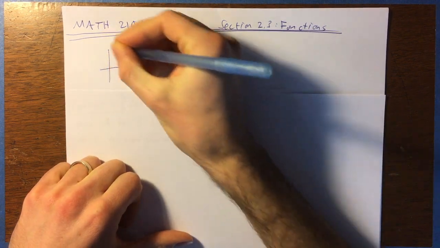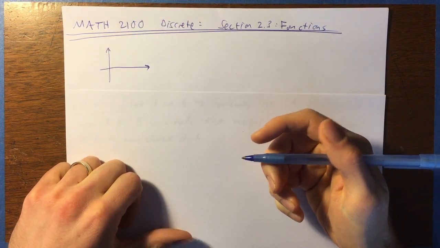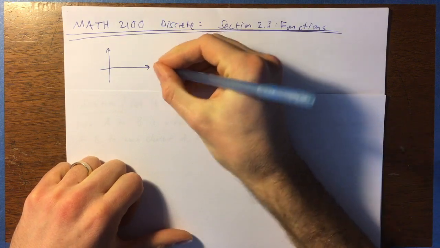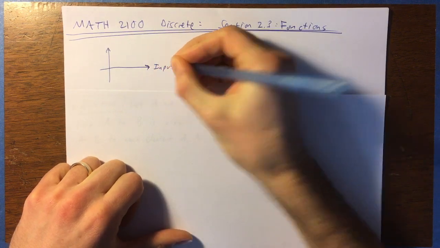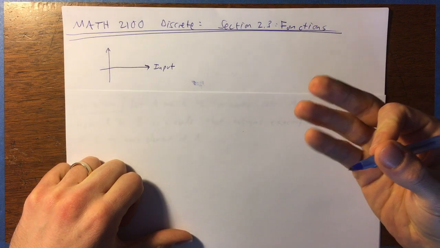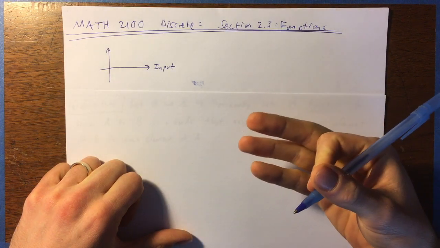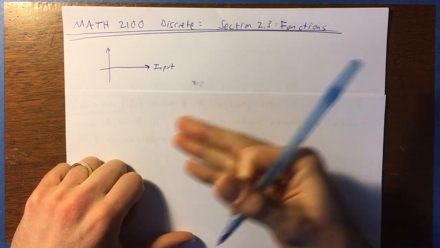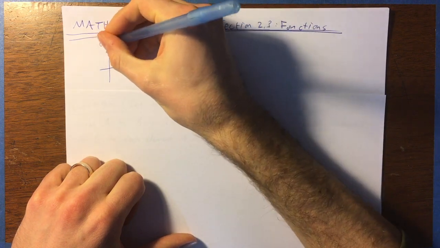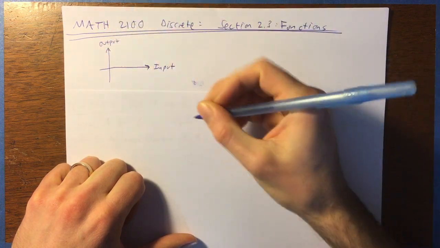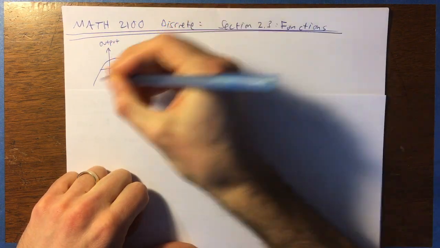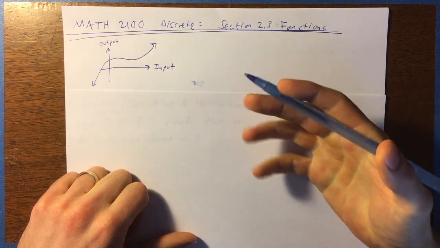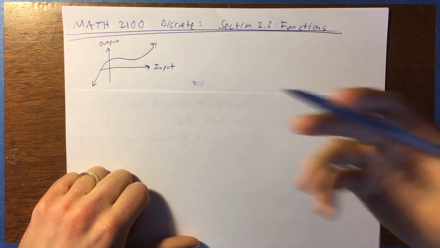You're probably used to thinking of a function primarily in algebra class, where you have an x and a y axis, and you can visualize the inputs and outputs as being numbers from these continuums. So you have an input along the x-axis and outputs along the y-axis. And then you have a graph or something like that. The thing I want to remind you about is the vertical line test.